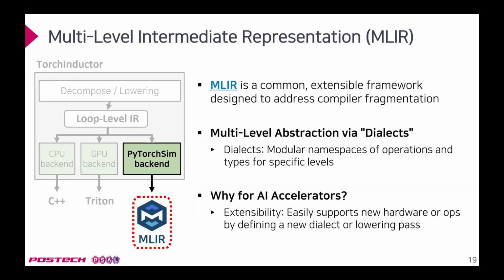The key idea is dialects, modular namespaces of operations and types that capture different levels of abstraction. For AI accelerators, MLIR is particularly useful because you can define custom dialects for your hardware and write your lowering path to convert high-level MLIR ops down to hardware-specific instructions.